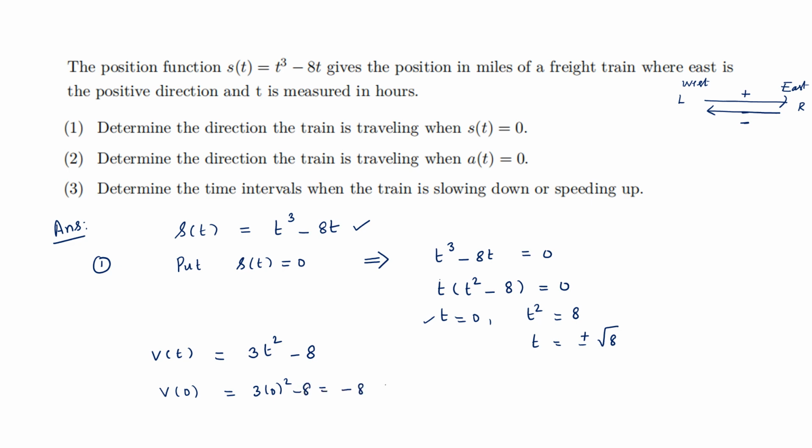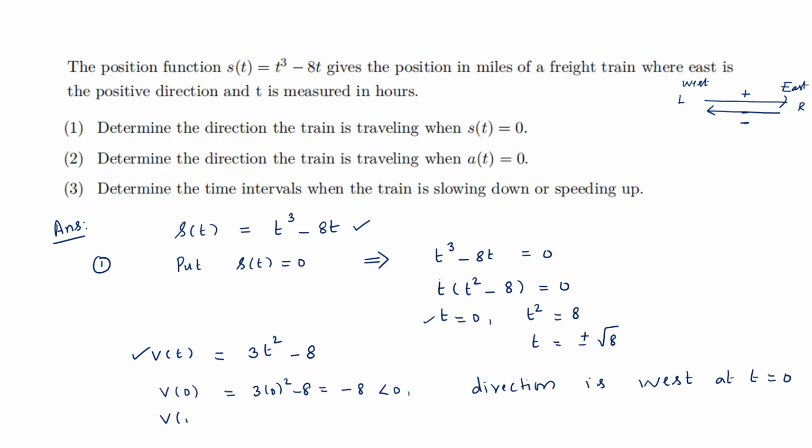So it is a negative number. Negative number means direction is west. Negative means west at t equal to 0. Similarly, we have to find out v of root 8. Because time cannot be a negative number, only plus root 8.